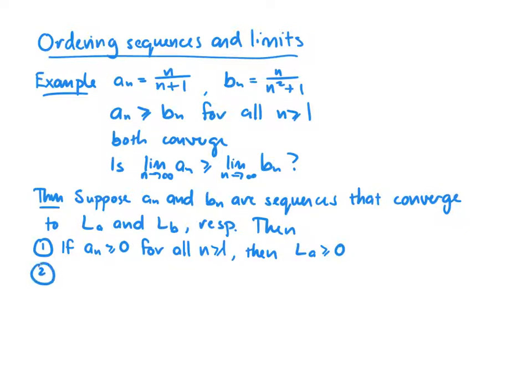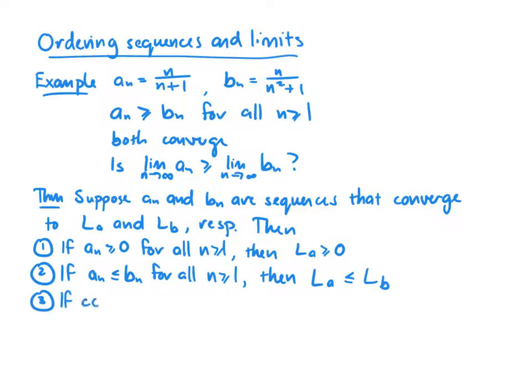The second statement is along the lines of our example. So if a sub n is less than or equal to b sub n, okay, for all n greater than or equal to 1, then the limit of a sub n should be less than or equal to the limit of b sub n. 3 and 4 are essentially the same result. We're just switching around the direction of the inequality. So 3 is if c is some real number and a sub n is less than or equal to c for all n greater than or equal to 1, then the limit of a is less than or equal to c.